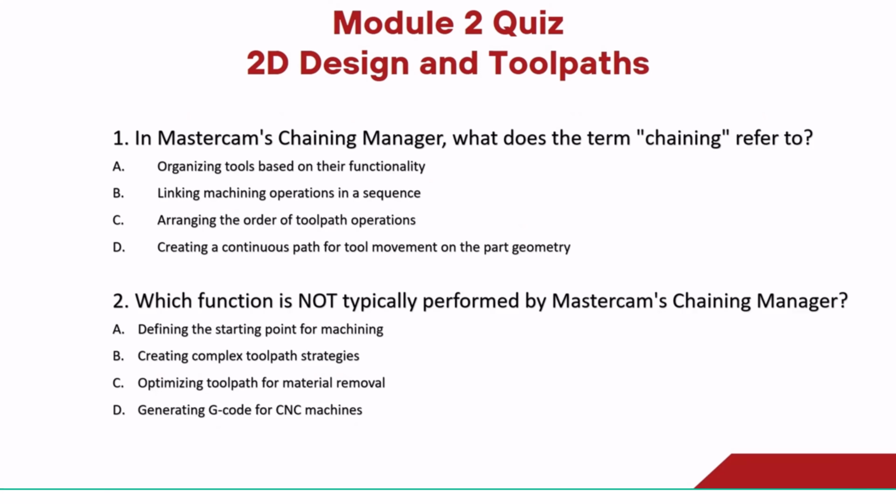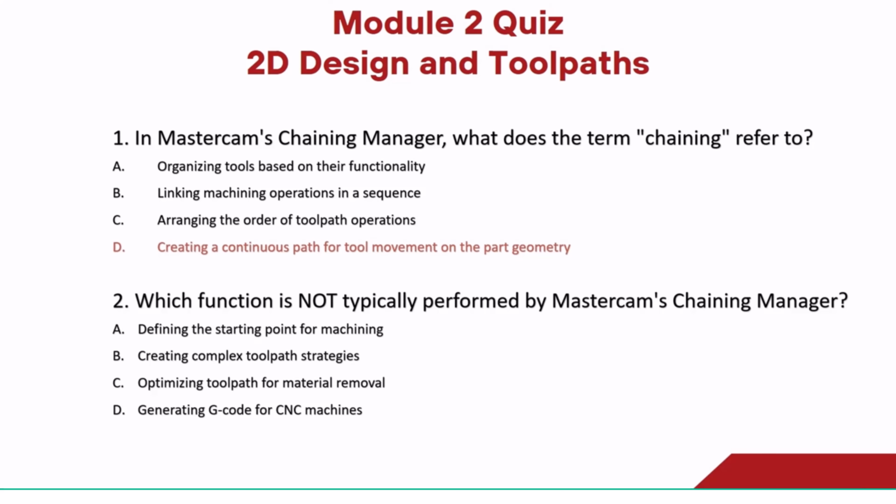Option D, creating a continuous path for tool movement on the part geometry. So the right answer is option D, creating a continuous path for tool movement on the part geometry.